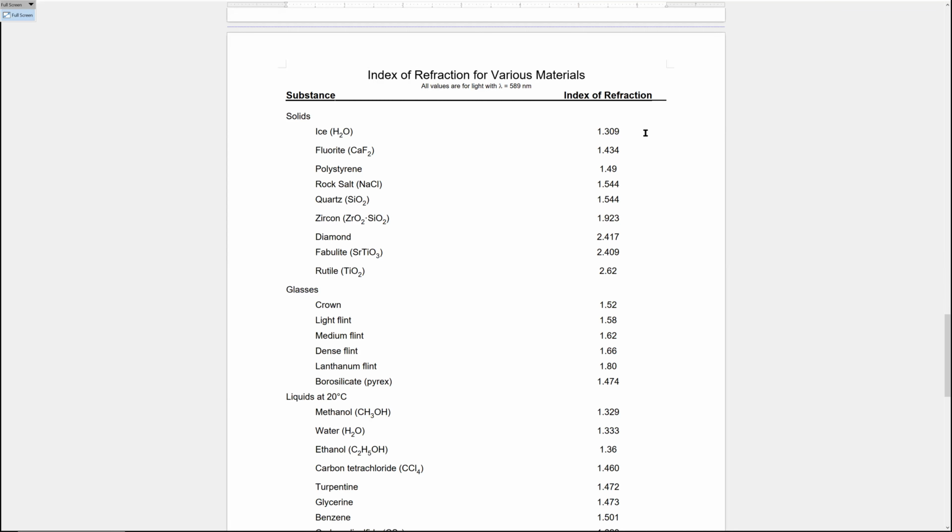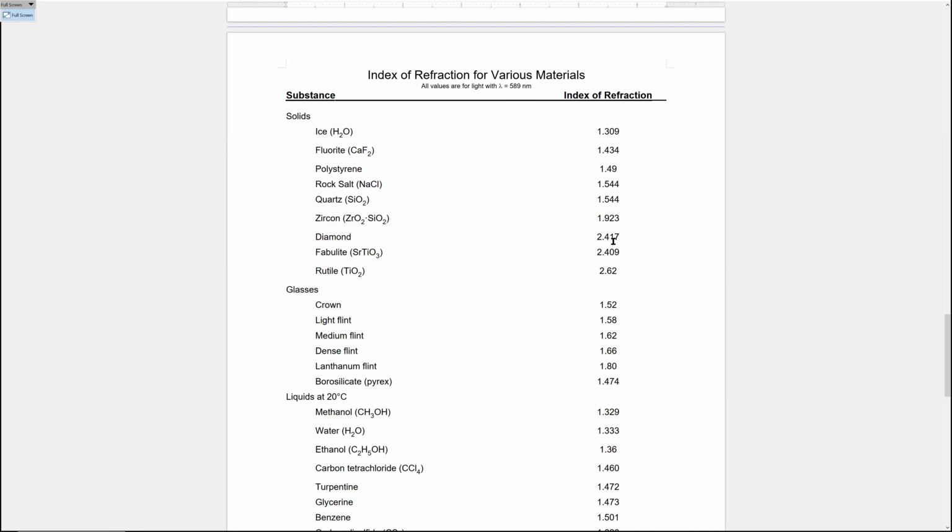Ice 1.309, fluorite, whatever that is. I think it's used in some lenses actually. Polystyrene, rock salt, all kinds of stuff. Quartz, SiO2. Okay, that's a mineral, and you can find it in certain rocks.